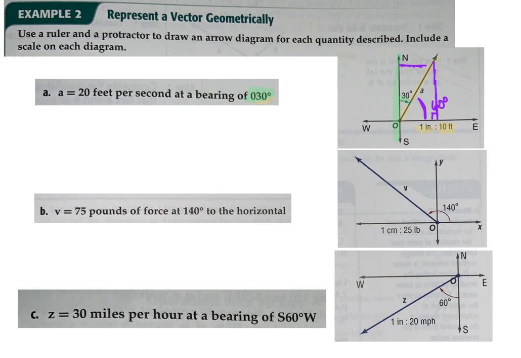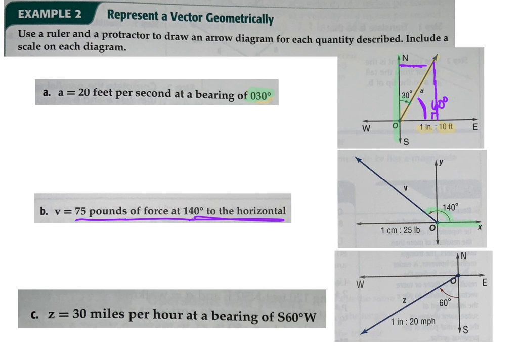All right? It says 75 pounds of force at 140 degrees to the horizontal. To the horizontal indicates standard position, which means just like we would have done with a unit circle, we're going to start at x and go 140 degrees counterclockwise.